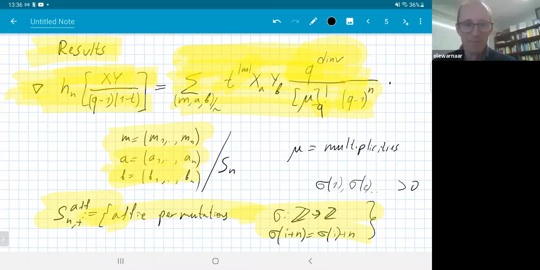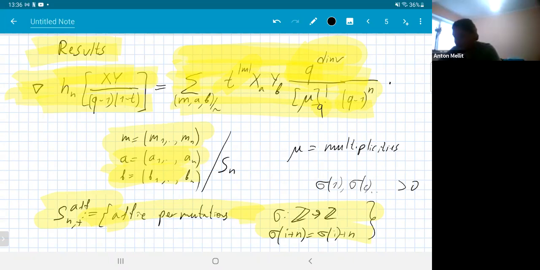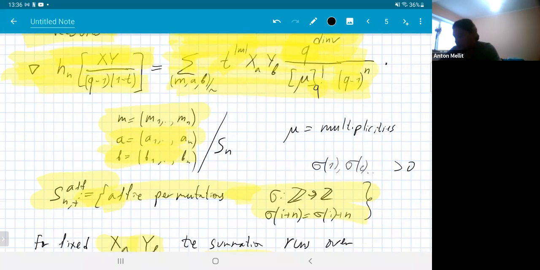But if you want a more philosophical punchline, all these formulas should be interpreted as enumerations of P-tableaux. But I don't know the most general statement.